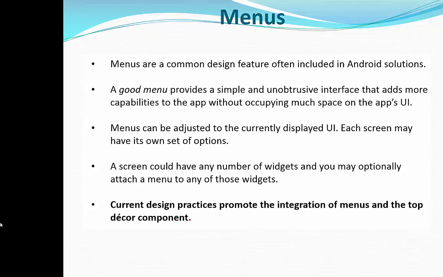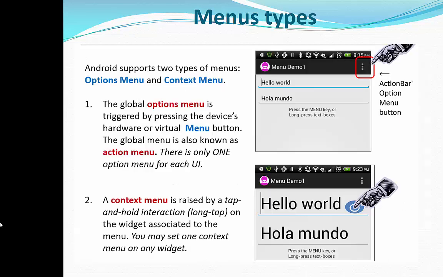Current design practices, and this is very important, promote the integration of menus and the top decor component. Android supports two types of menus: option menu and context menu. When you press on the three vertical dots on the right side, it's the option menu. Option means you have options that the programmer sets up, right?